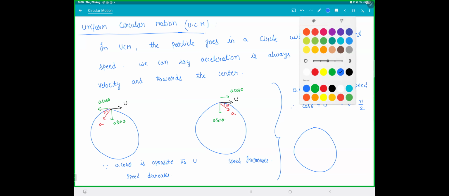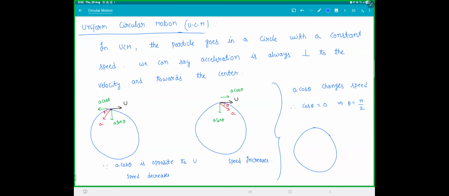Then you are only left with one possibility, 90 degrees to u. And since the velocity is always tangential, and acceleration is perpendicular, it should pass through the center. So we proved with that statement that a has to be perpendicular.